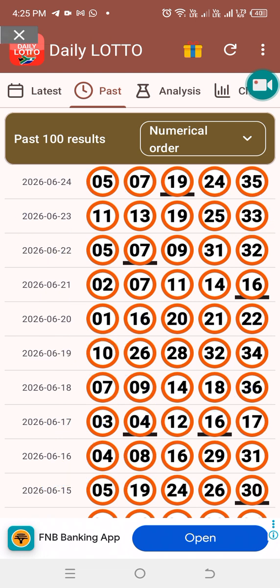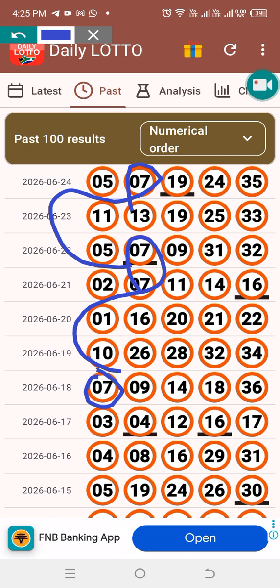Okay, because if you come to this side, you can see 7 came and came back, and then skip a draw and came back. All right, then 9 came back here. 16 came back. So there is no problem if we can repeat 11 and 13.